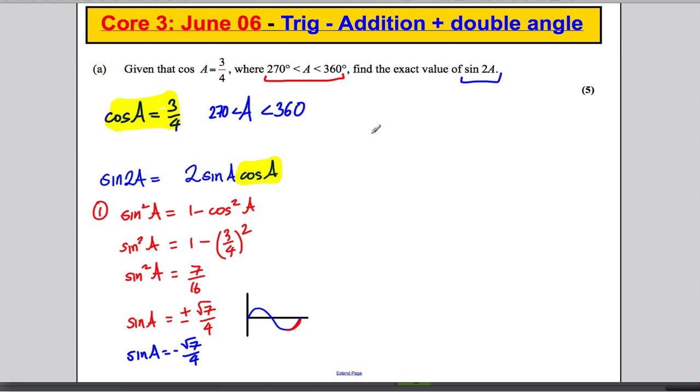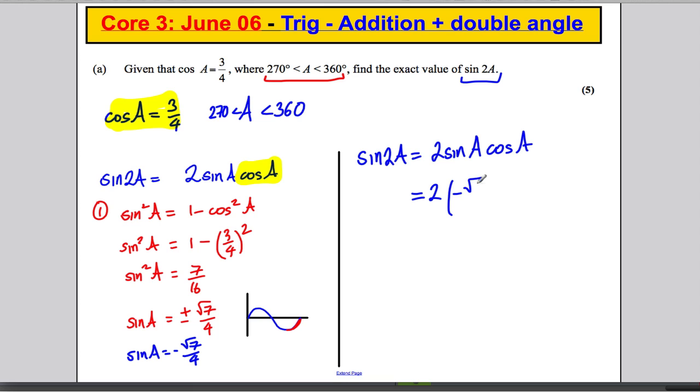Therefore we can now work out sine of 2A. So sine of 2A is 2 sine A cos A, which is 2 times negative root 7 over 4, times cos A, which is 3 over 4. If we multiply those things together, we get negative 3 root 7 all over 8.